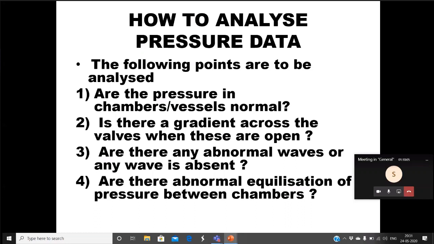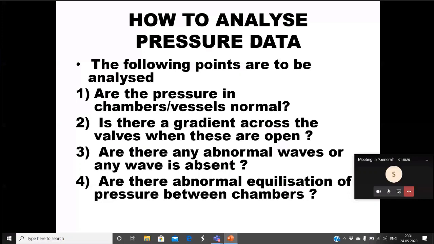For example, in a tricuspid valve during diastole, the pressure gradient between the right atrium and the right ventricle should be at the most 1, and usually it is about 0. So there should not be any gradient across the valve.